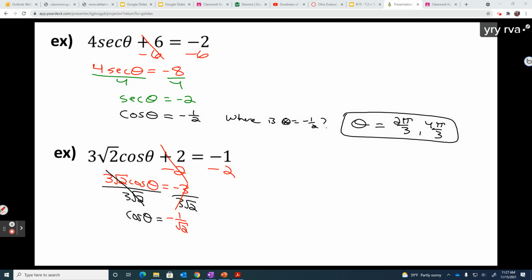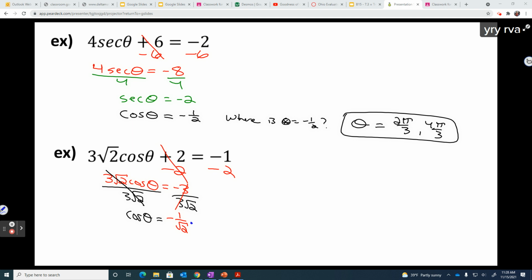Now that's not a unit circle value. But how could we make it look like a unit circle value? What rule did we violate here? Yeah, you can't have this in the bottom. So let's go ahead and just get rid of it from the bottom.